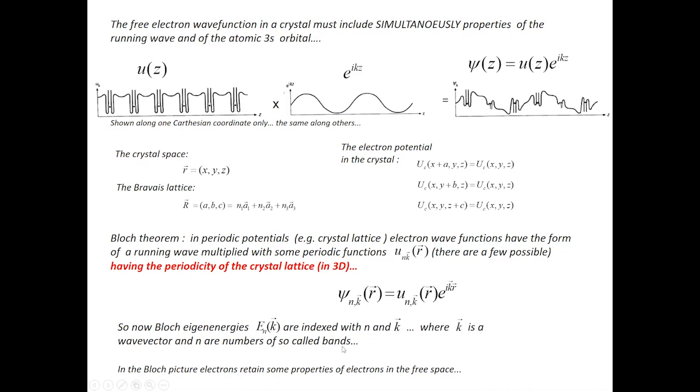So now we have many bands. As you see in this Bloch picture, electrons retain some properties of electrons in free space because they have this k. It's the electron momentum. It's not exactly momentum, it's called quasi-momentum in the crystal, but you may think of it as momentum.